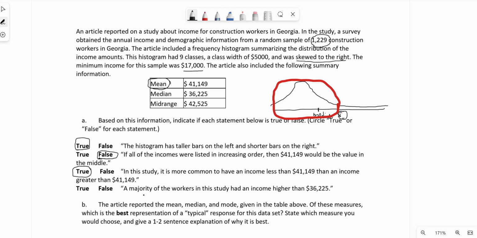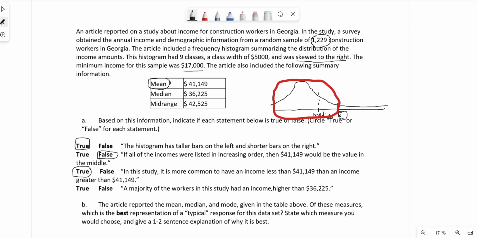And last statement, a majority of the workers had an income higher than the median income. A majority. Well, based off of the definition of the median, we know that the median is larger than half of the dataset and smaller than half of the dataset.